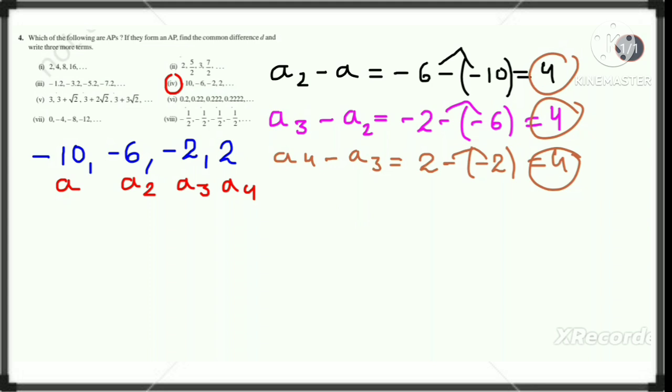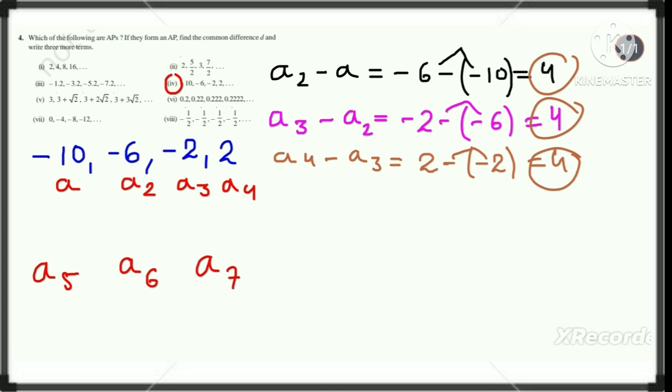Now according to this question, again we need to find its 3 more terms, right? It means we need to find its 5th term, that is A5, 6th term, that is A6, and 7th term, that is A7. For that we simply add the common difference to consecutive terms, right?